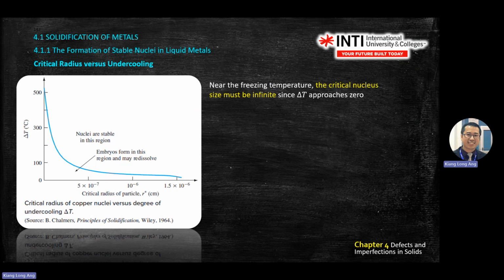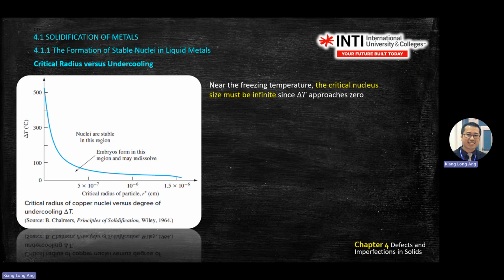The blue line actually consists of small dots. This is delta T, and this is critical radius R star. At this certain temperature you have one reading of R star, here also another R star, here also another R star. So different temperatures will give you different values of R star.